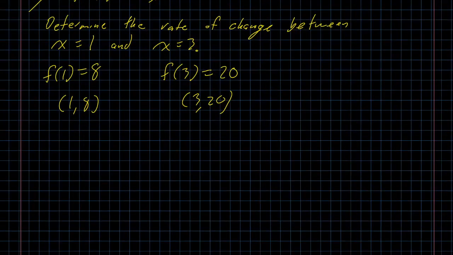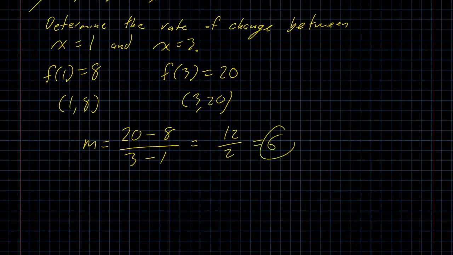And if we calculate the slope of the line connecting those points, that is what we mean by the rate of change of this function over that interval of values.